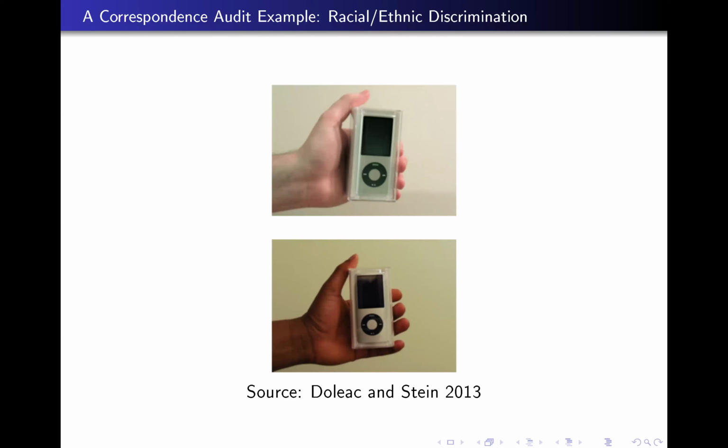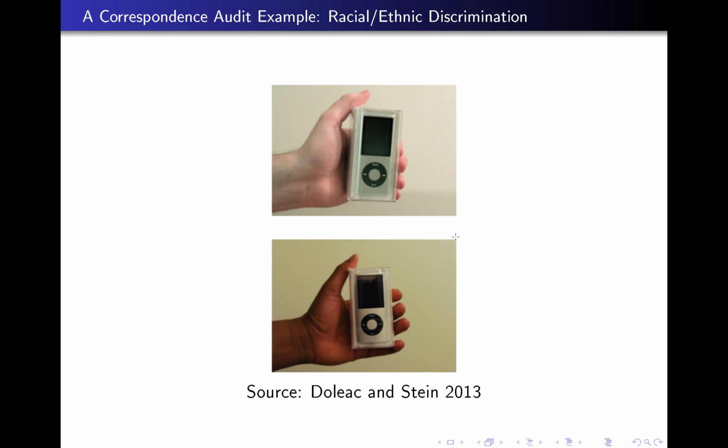I almost forgot what these are called. It's so old now. Selling iPods, and you can see here what they've done is just manipulate the skin tone of the seller's hand in an attempt to see if there's discrimination in the marketplace for selling an iPod.